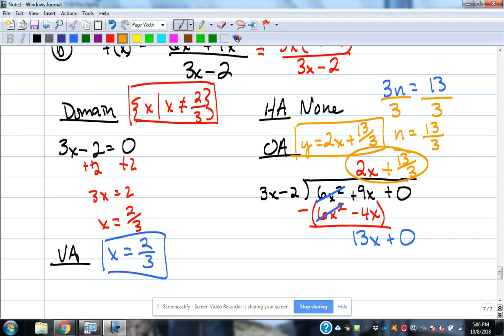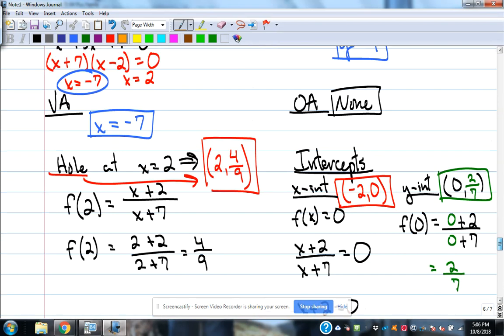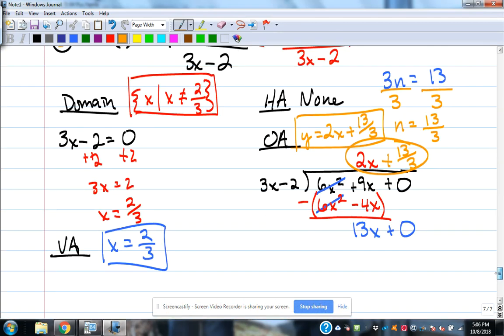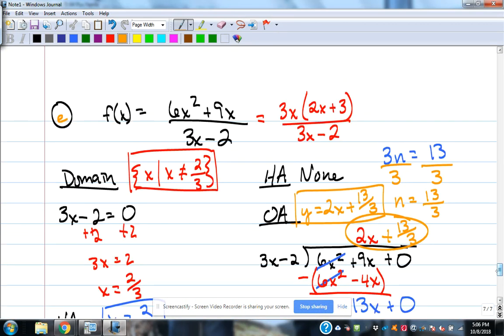All right. Well, the next thing we did on example, I wrote B there, but it was example D, I believe. It's the one we were on before, was look at the holes. Well, are there any holes for this graph? And how do I know that there are not? It didn't simplify, so there are no holes.